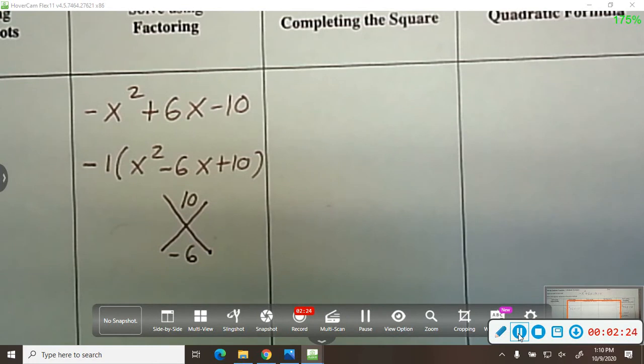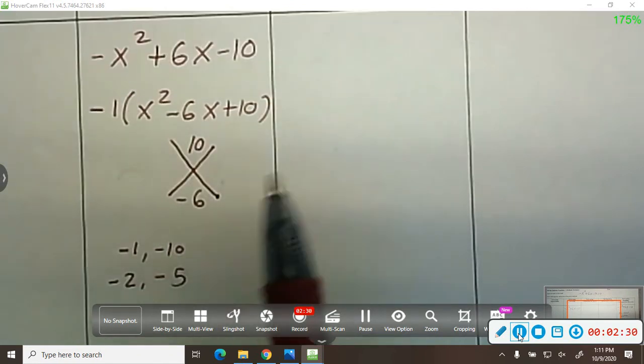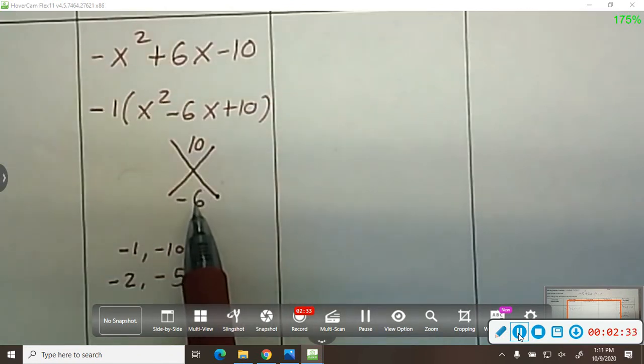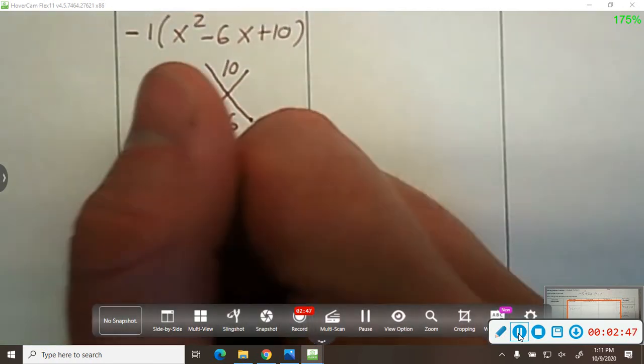The only things that multiply to positive 10 and add to a negative are negative 1 and negative 10, negative 2 and negative 5. None of those are going to add up to negative 6. So I can't solve this by factoring.